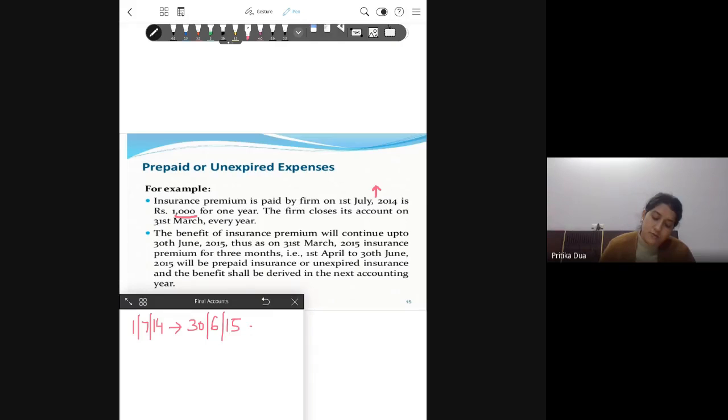Amount paid is 1000, while the financial year is from 1st April 2014 to 31st March 2015. And the duration, if you see, for this insurance premium, validity for the current year is for 9 months.